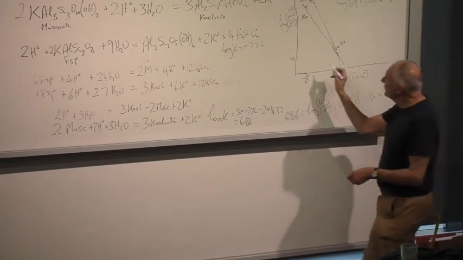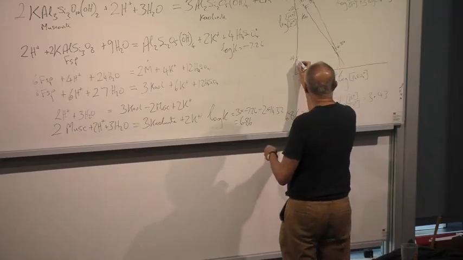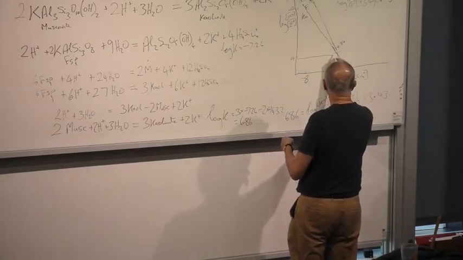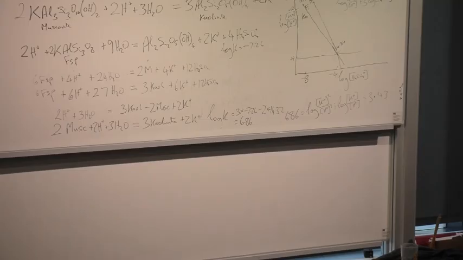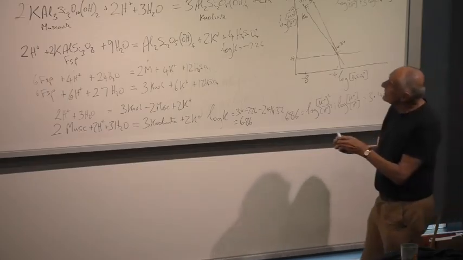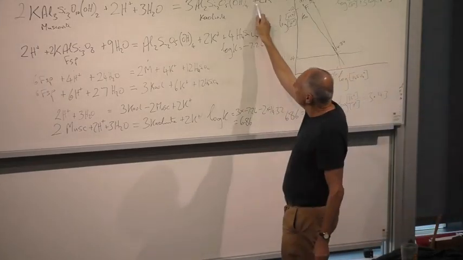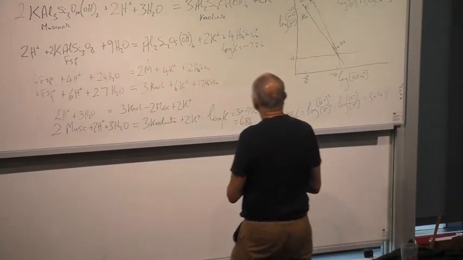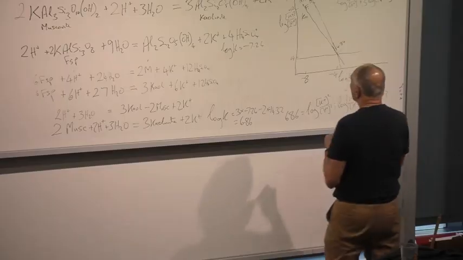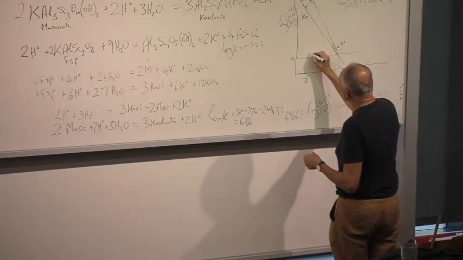So that's a horizontal line at 3.43, and it should go through the same point as the intersection of the other 2 lines, like so. And again, we use Le Chatelier's principle. Pumping up potassium will put us on the muscovite side. So high K over H is muscovite. So that's muscovite, that's kaolinite.